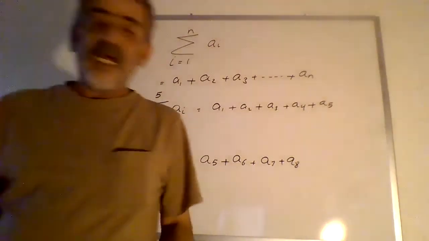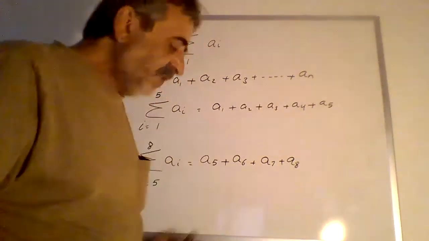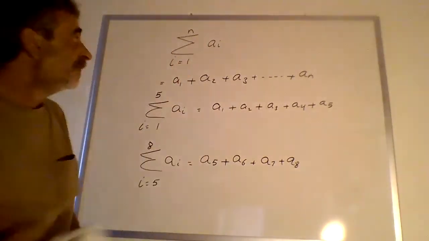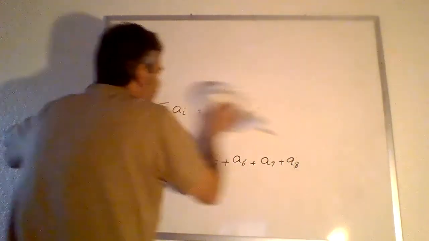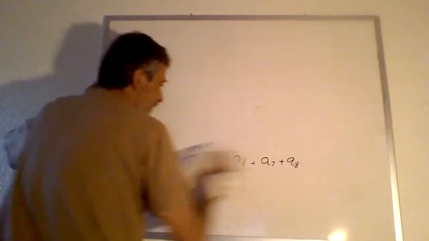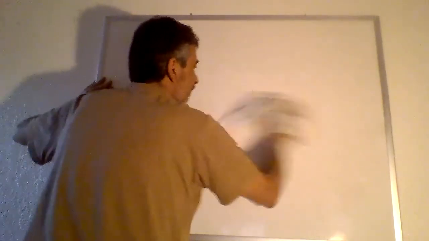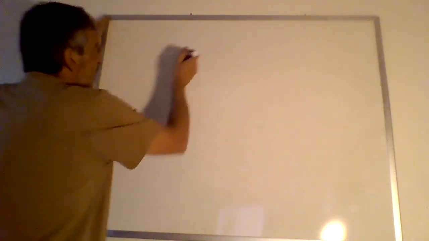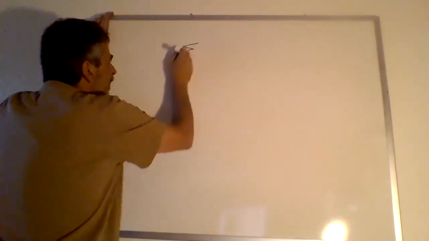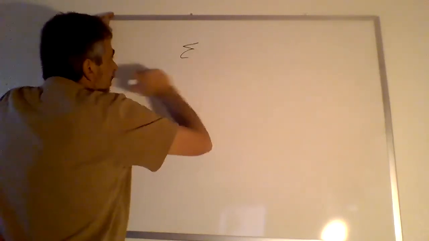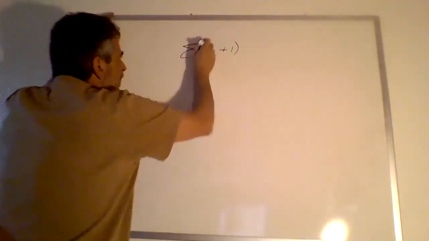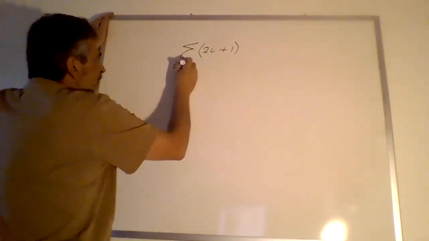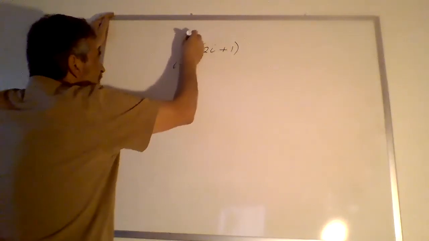Now let's figure out how to write the summation of a particular expression. So starting with any expression, let's go ahead and do that. Say, for example, I'm looking at the sum of 2i plus 1, i equals 2 to 4.